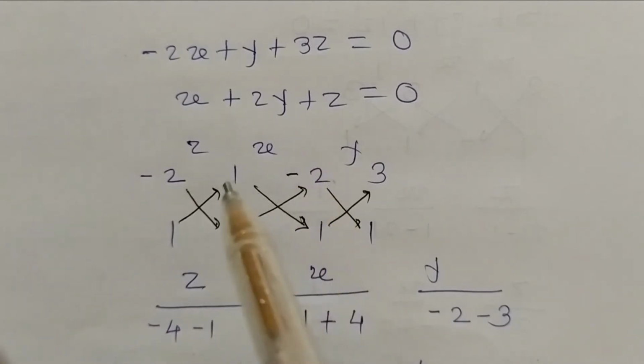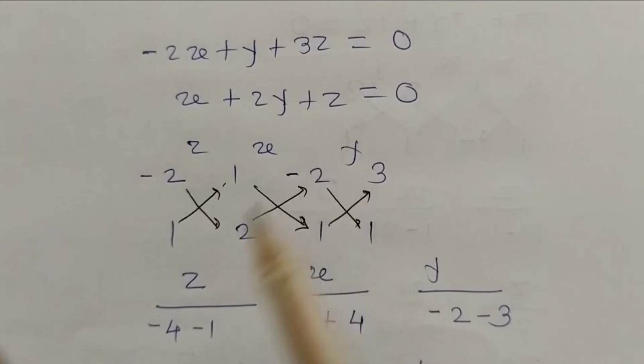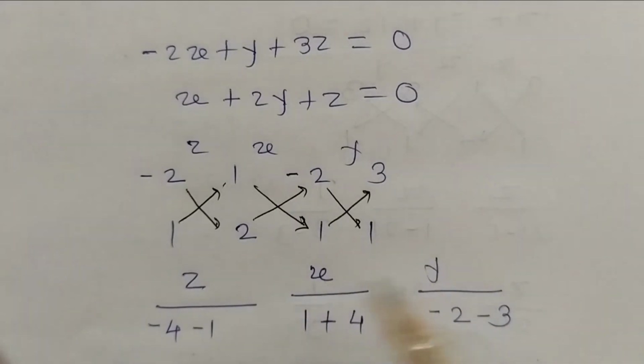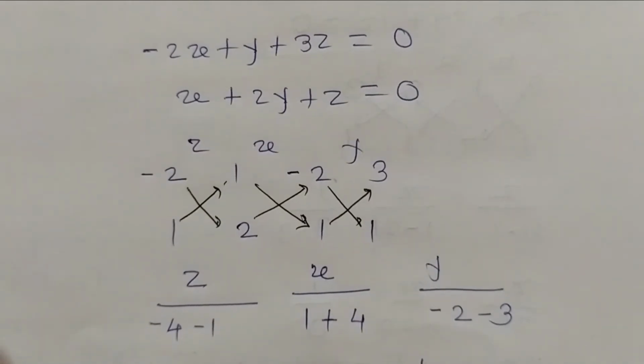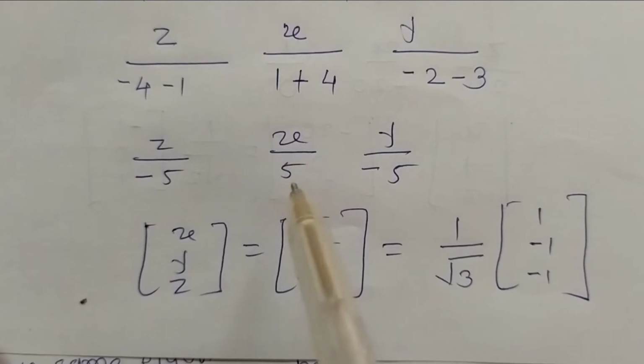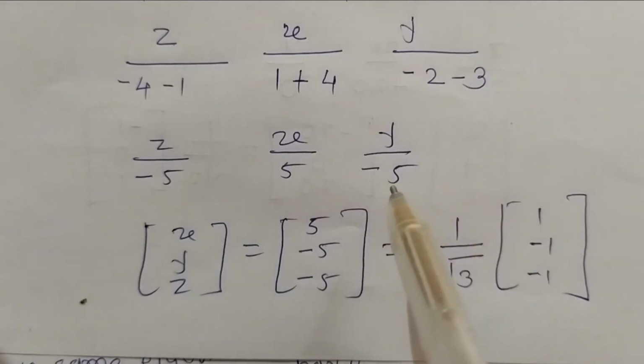The x value is 1 into 1 is 1, and 2 into minus 2 is minus 4, that is 1 plus 4. And the y value is 2 minus 2 and minus 3. So the value of z is minus 5, the value of x is 5, and the value of y is minus 5.